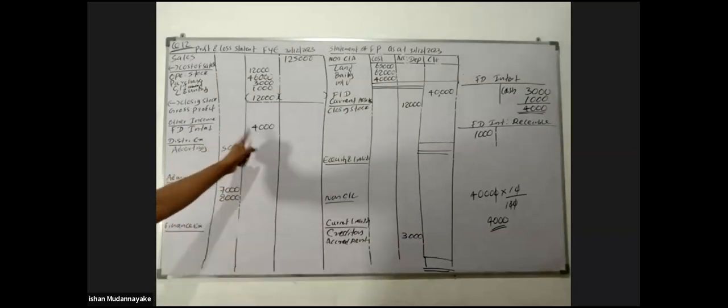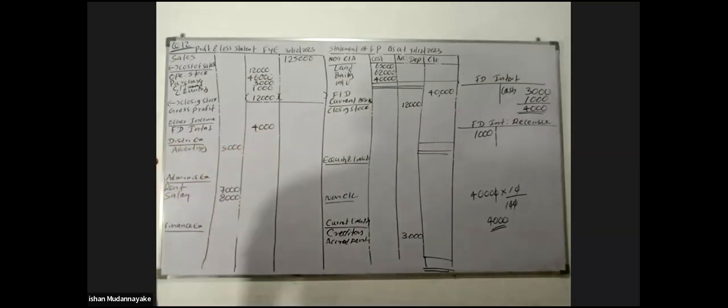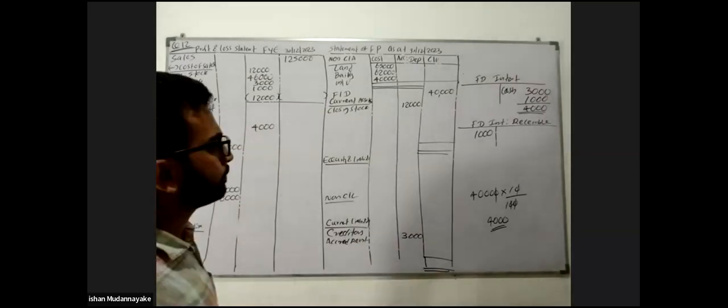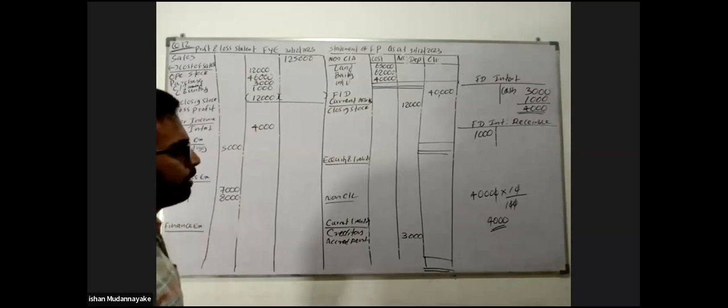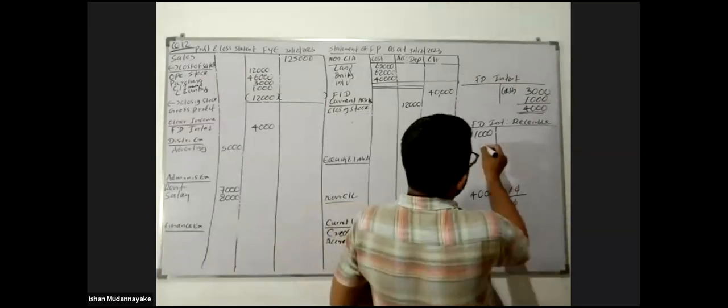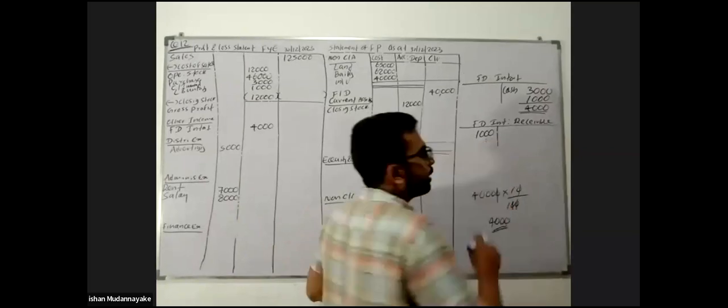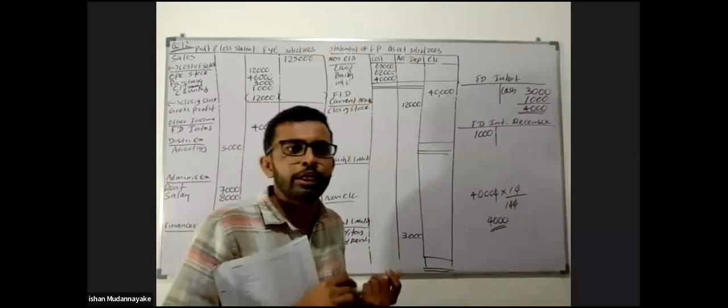This is the first column, second column, third column. Write down FD interest 4,000 in the second column.